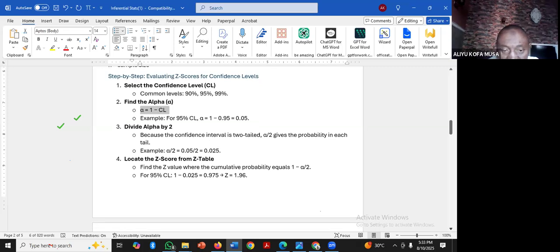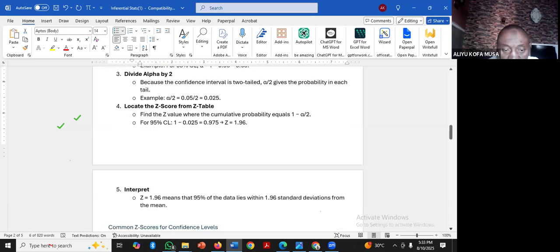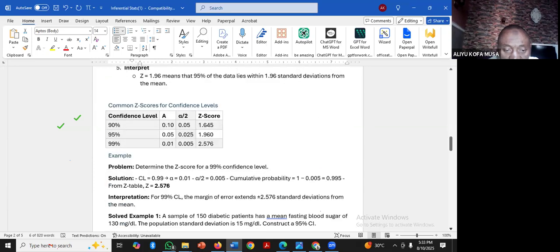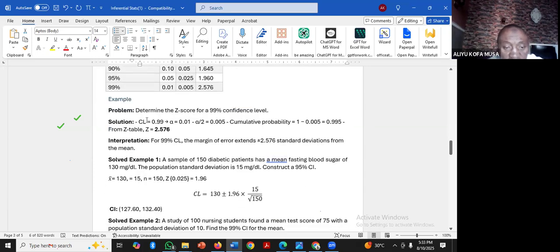The same thing here. This is our CL, you can see. So the next thing, we get our alpha. How do you get our alpha? We subtract 0.99 from 1. That is how we got our alpha. Let me make it this way so that you can understand.